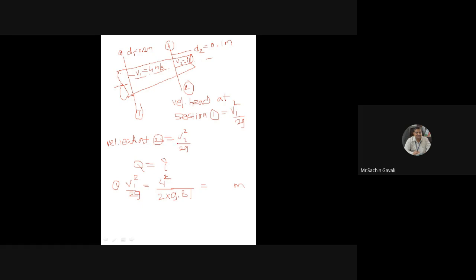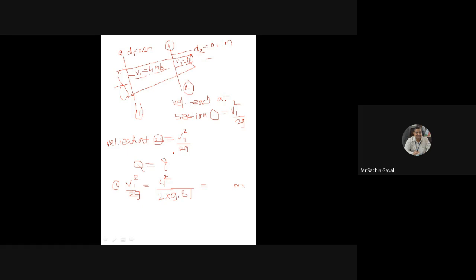For that, what should we know? We should calculate V2. Somebody has to tell how we can calculate V2. Which equation? Anybody? Now fluid kinematics we have learned, we are at the end of fluid dynamics, we should know it now.